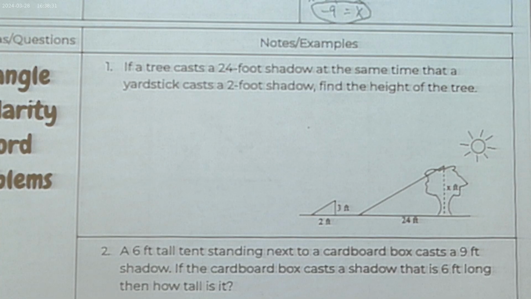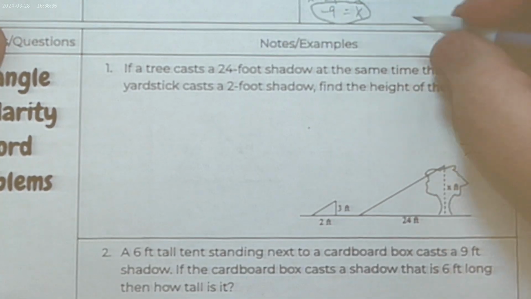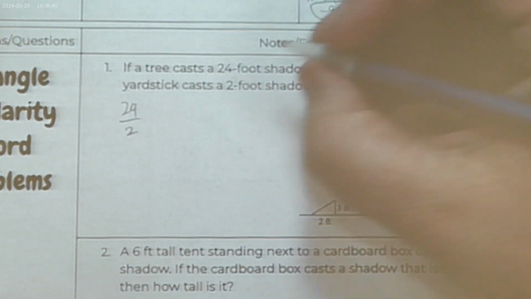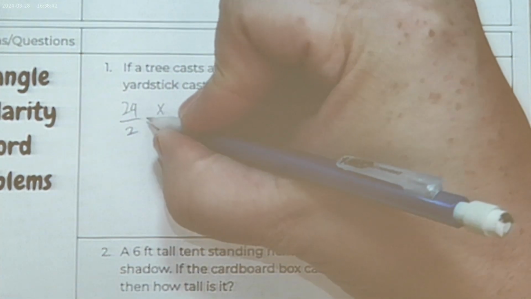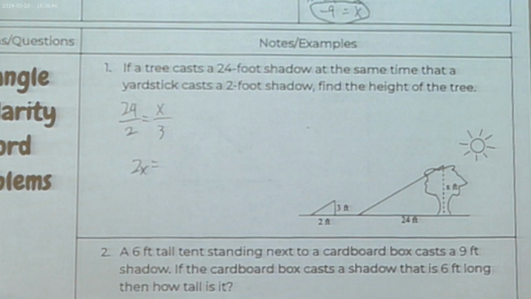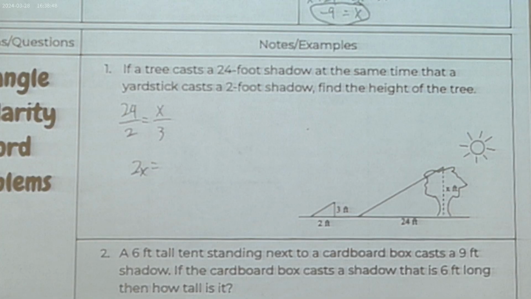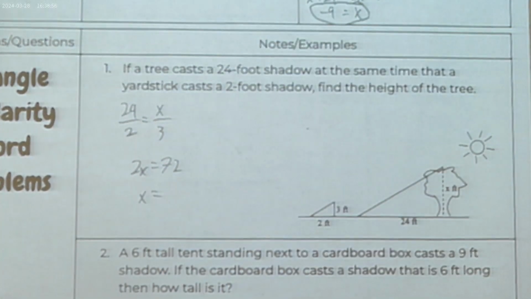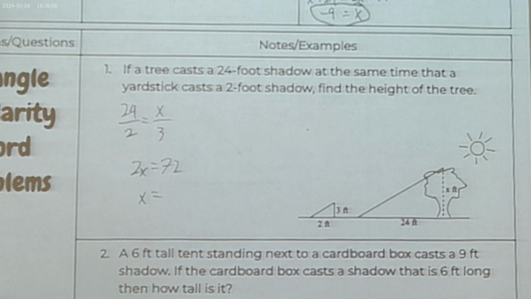So going large to small, 24 is to 2, as x is to 3. So 2x equals 3 times 24, which is 72. So x equals 36.